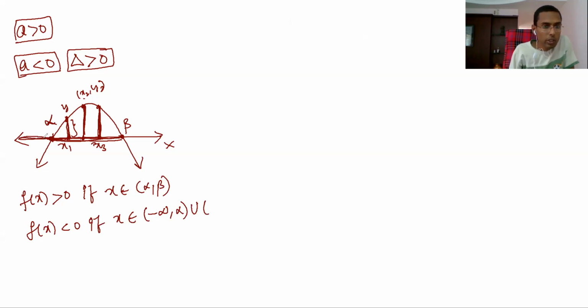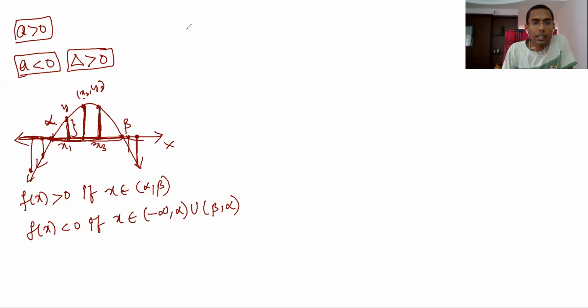Here it is 0, here it is this much, that means negative. More than beta, it is negative. Here also it is negative. So for this x value, this is the y value, and that is negative. This is how you discuss using the graph.